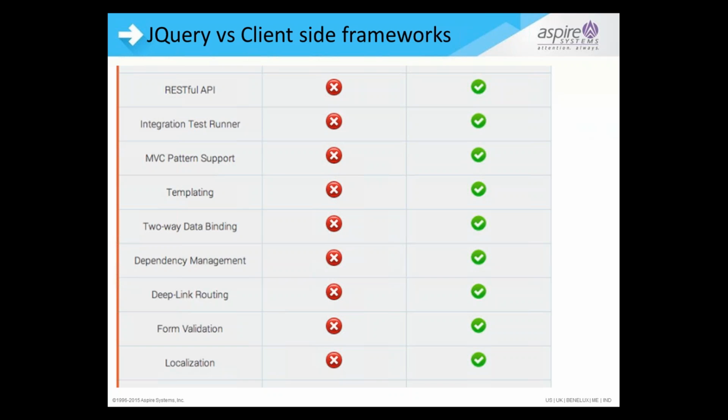Since they are rendered in the initial stage itself, since it's a single page application, navigation between the sub pages is automatically handled by the client-side framework. Again, this is not possible using JavaScript or jQuery.